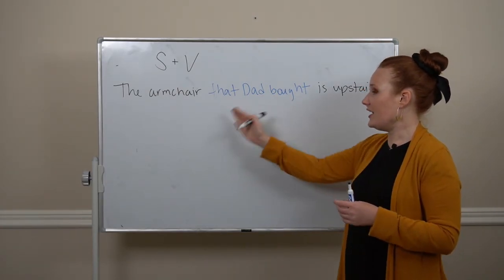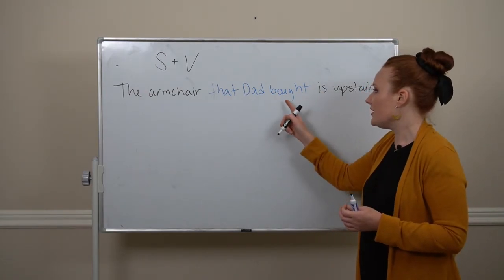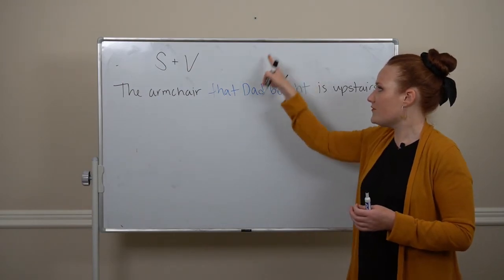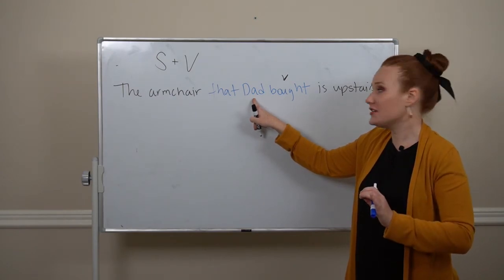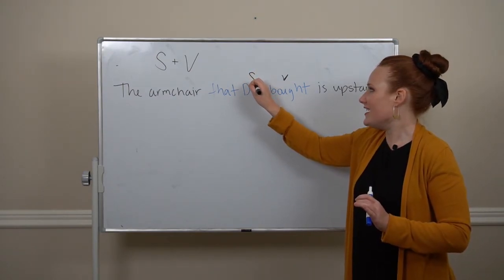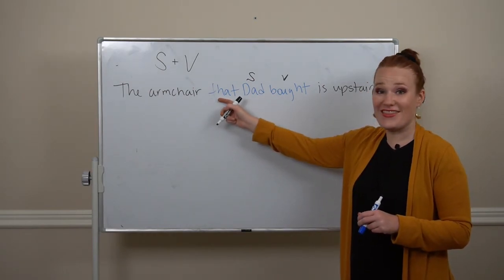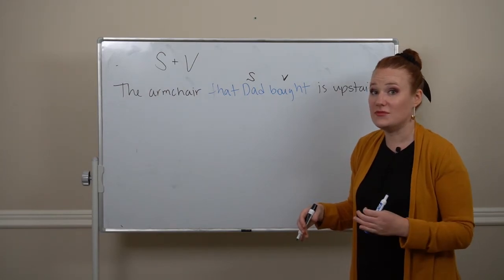We're going to look at our relative clause and find the verb first. So our verb here is bought. Now, right before the verb, whatever that is, has to be the subject. So here, Dad has to be the subject, which means that that isn't the subject. It has to be the object.